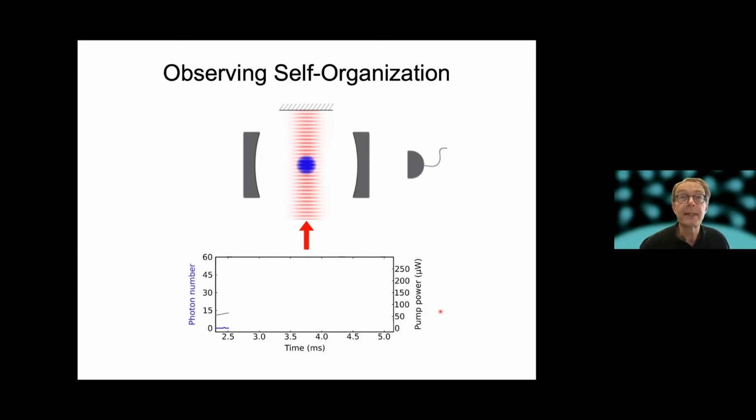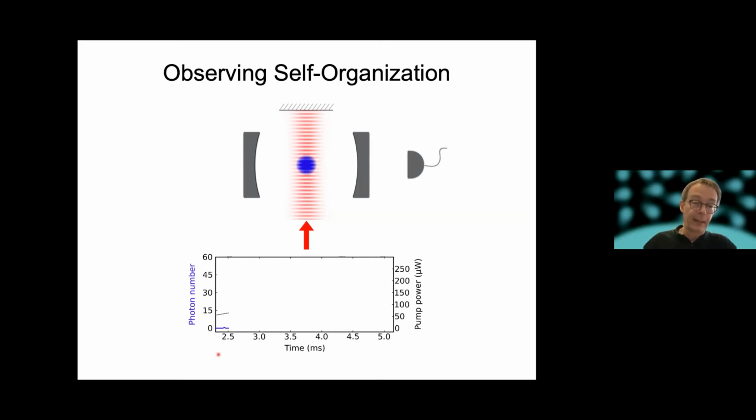Okay, so what is happening in the experiment? That is shown here. The experimental sequence is that you produce a BEC in the cavity, and then you switch on the pump field and increase its intensity linearly. Then you watch the number of photons coming out of the cavity, which reflects the field.